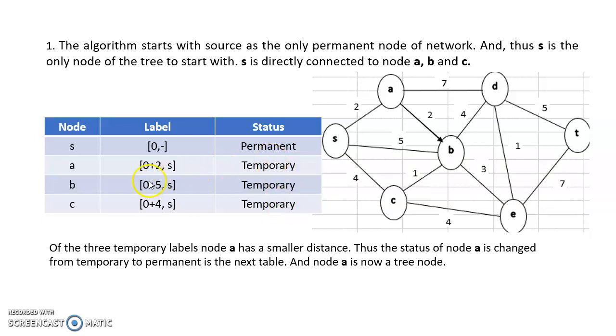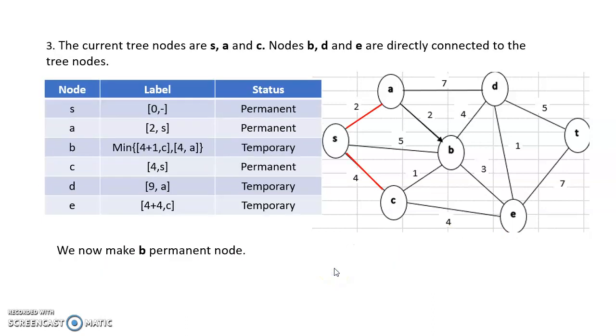For this, we select the minimum distance, and the minimum distance is occurring at A. So now the status of A will be changed from temporary to permanent in the next table, and A will be introduced in the tree.